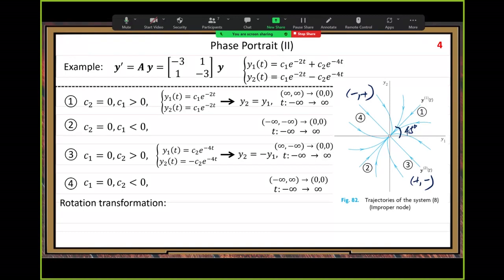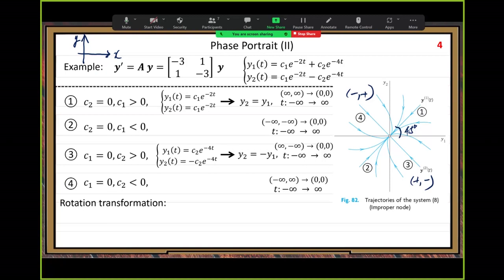Suppose this is our standard XY axis. Now you can imagine we rotate these two perpendicular axes together by a certain number of degrees.